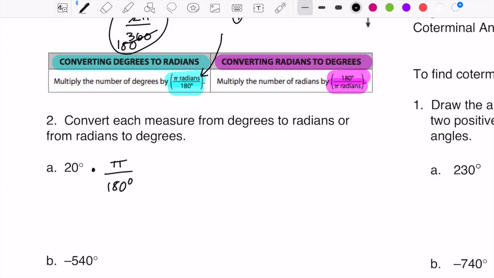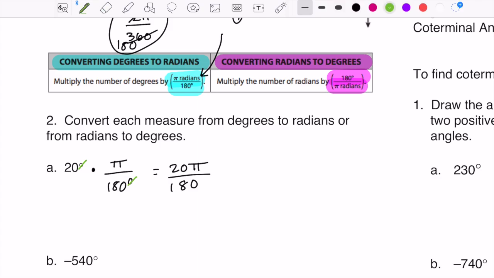So if you've taken chemistry, you know that your units need to cancel, and so that's why degrees needs to be in the bottom. So I have 20, the degrees are going to cancel, and then I'm going to get 20 pi over 180. And then I'm just going to simplify from there.